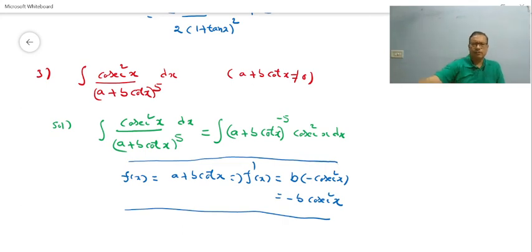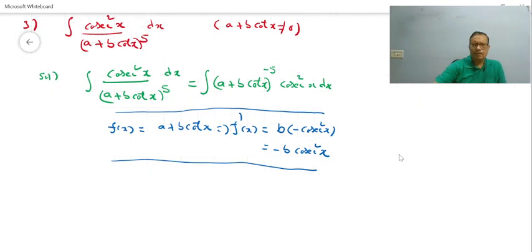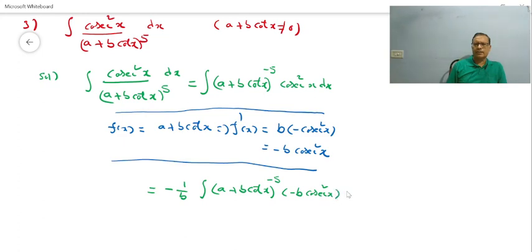So now we can write minus 1 by b into integral of (a + b cot x)^(−5) into (−b cosec²x) dx. Observe here, in this minus 1 by b, this b gets cancelled, and minus into minus is plus 1. So we get (a + b cot x)^(−5) cosec²x dx.